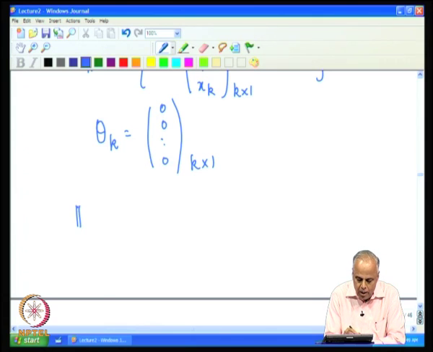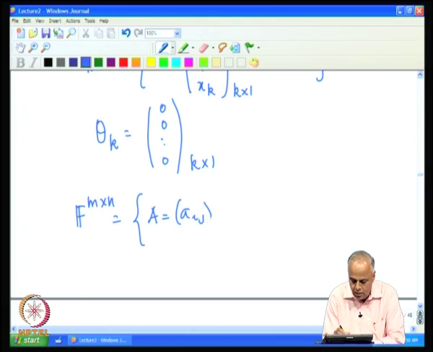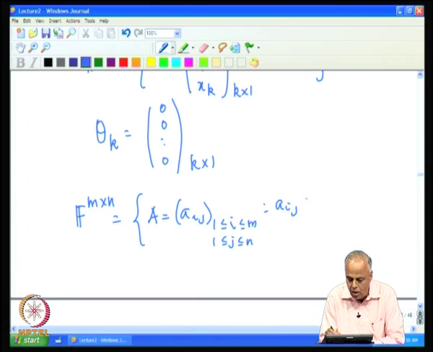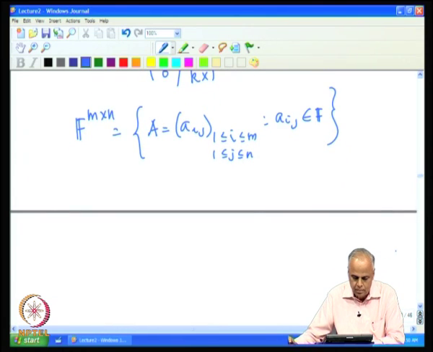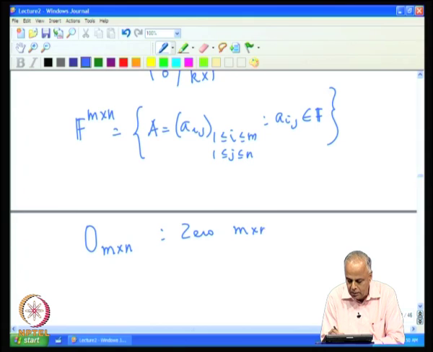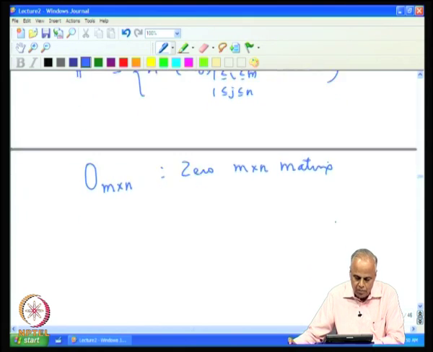Then by F^(m×n), we shall denote all matrices which are m by n matrices and all the entries are from F. In particular, by 0_(m×n), we mean the m by n matrix, all of whose entries are 0.